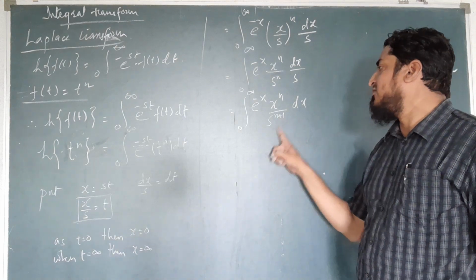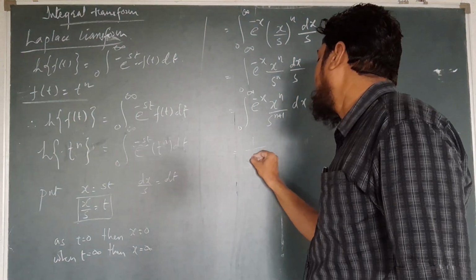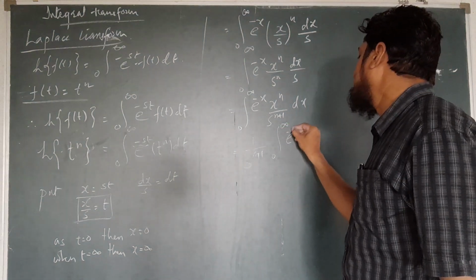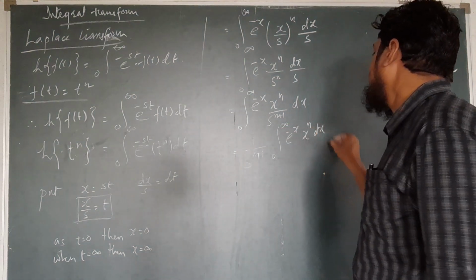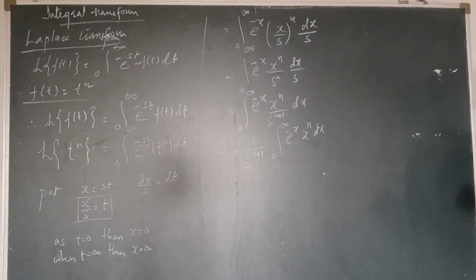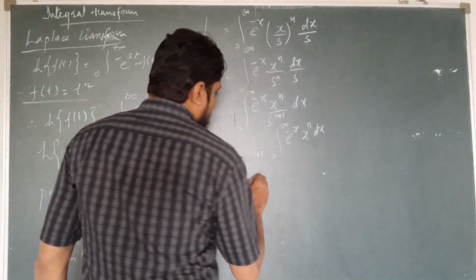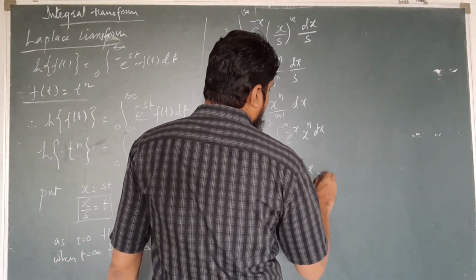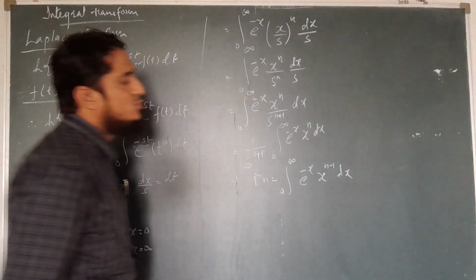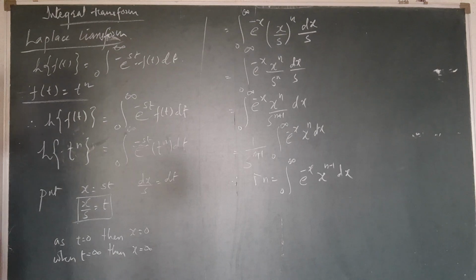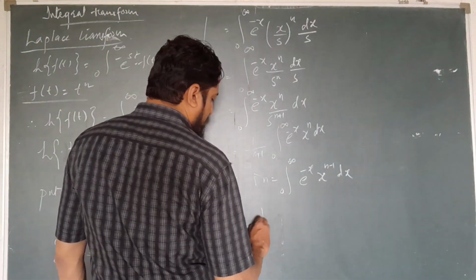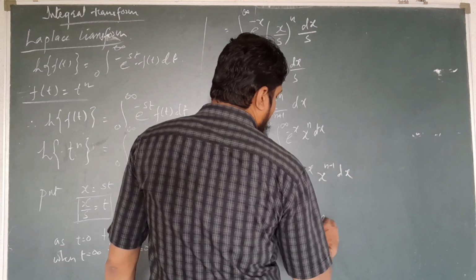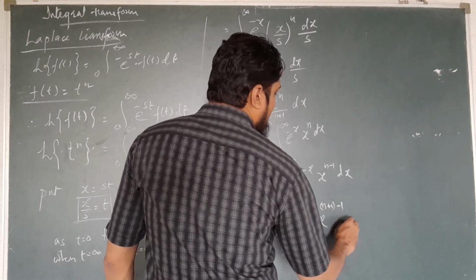Since it is free from x, we can take it outside, and we get 1 upon s raised to n plus 1, integration from 0 to infinity e raised to minus x, x raised to n dx. Correct? And we know the definition of the gamma function: gamma of n is integration from 0 to infinity e raised to minus x, x raised to n minus 1 dx. So to get n minus 1 here, we write x raised to n plus 1 minus 1 dx.